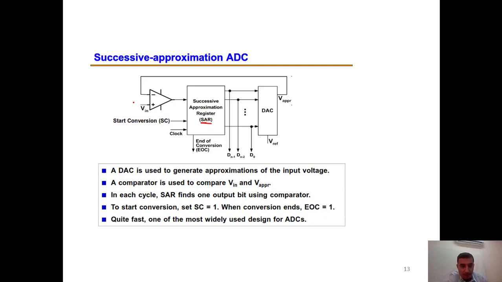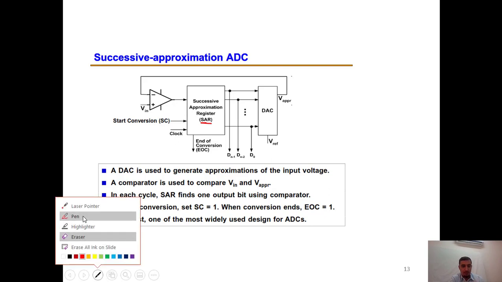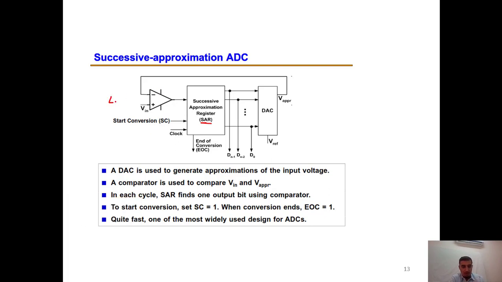So we give our input here, and let's say our input will be once more 4. The successive approximator starts with the numbers. Let's say the V reference is equal to 5 volts.